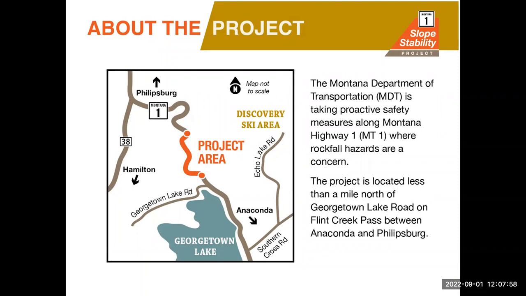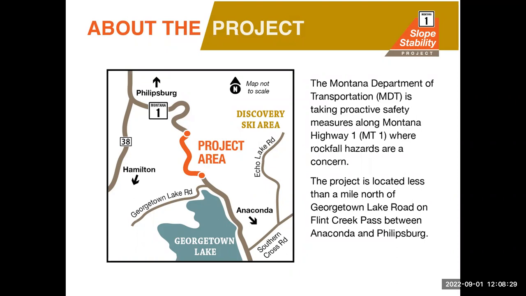MDT constructs and maintains rockfall mitigations across the state, and we have identified this stretch of road as being in need of routine maintenance and removal of hazardous rock. This is a preventative maintenance project, which will, in simplified terms, help keep rocks off of MT1 in this corridor here.